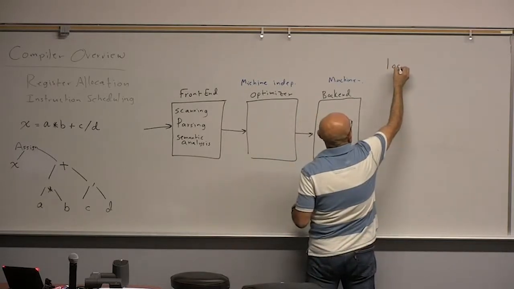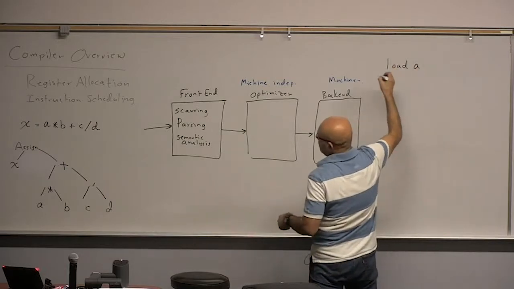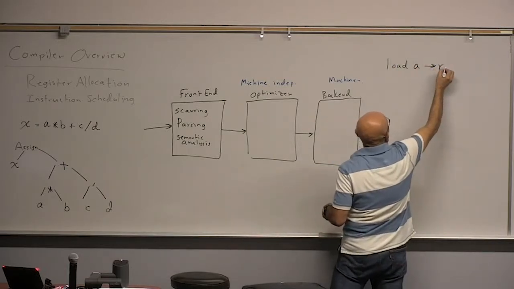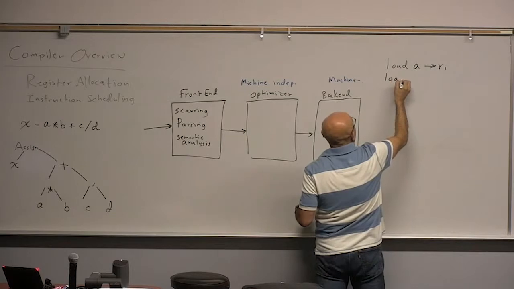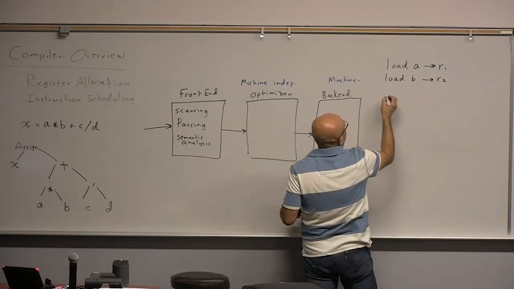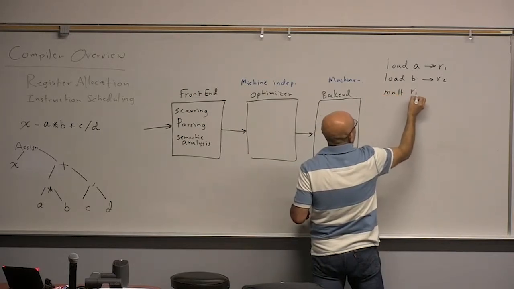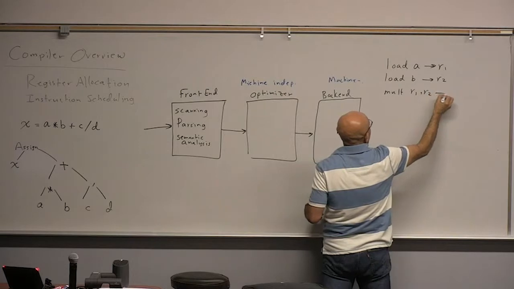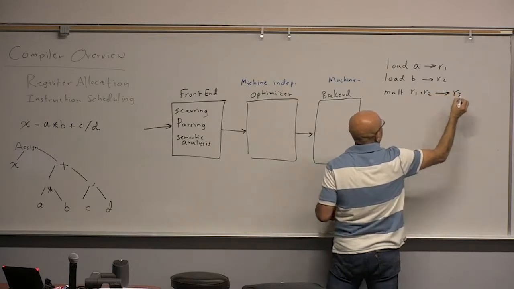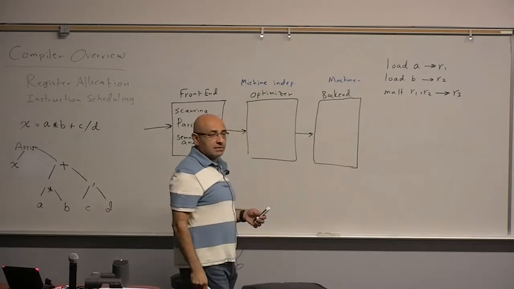Load A into register R1, load B into register R2, then multiply R1 and R2 and put the result in R3. Now in this code, we have 3 registers.